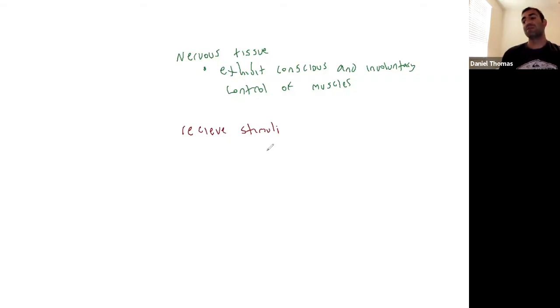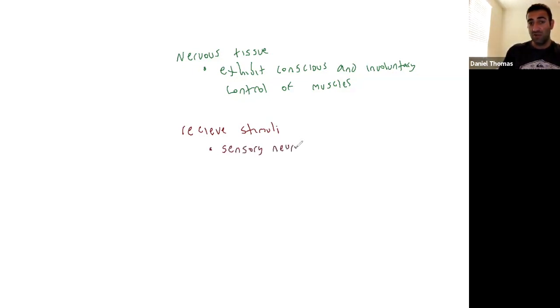Think about the smells. They are picked up by sensory receptors in your olfactory system. Think about touch. Touch your desk. Feel these sensations. They are activating neurons that are going to your brain and recording that. So we have neurons called sensory neurons that receive stimuli and feed it to your brain.